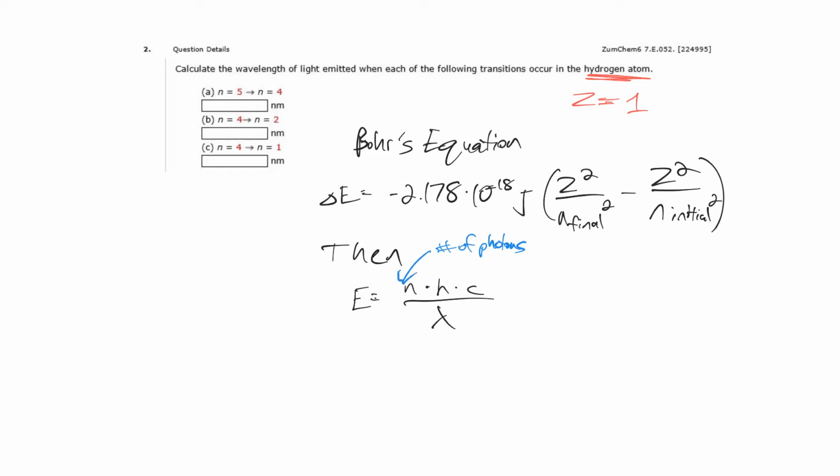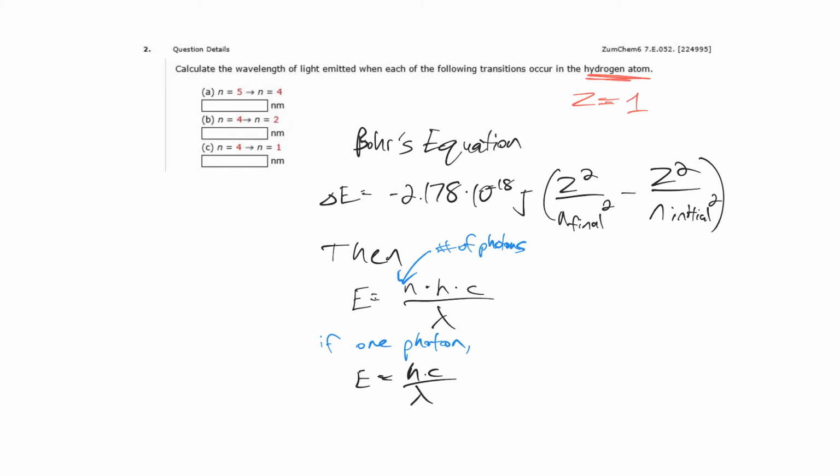But if it's just one electron that is making the energy transition, then n would be 1. So if you have one photon making that transition, which will be the case for all of these problems, then we just say, okay, the energy is Planck's constant times the speed of light over wavelength.